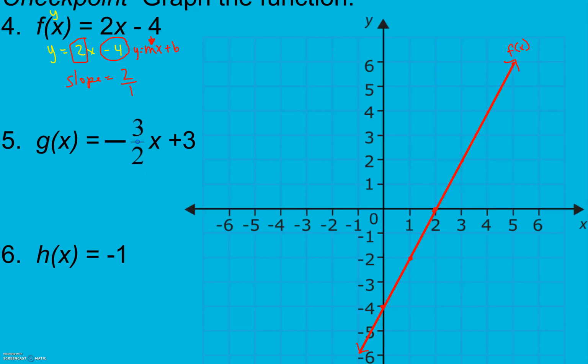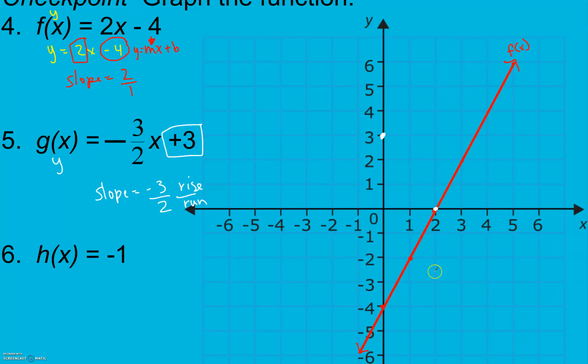Second one here. Again, we can replace g of x with y. Now it's just in slope-intercept form. My intercept is at 3, my first point. My slope is negative 3 over 2. Remember, that's my rise over my run. So my rise is negative 3. I'm going to go down 3 from my initial point over 2.